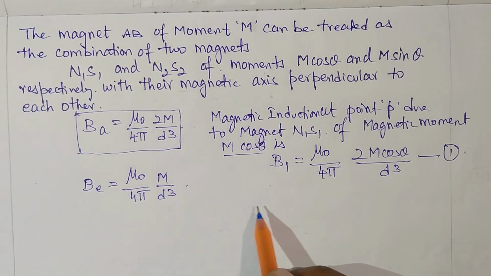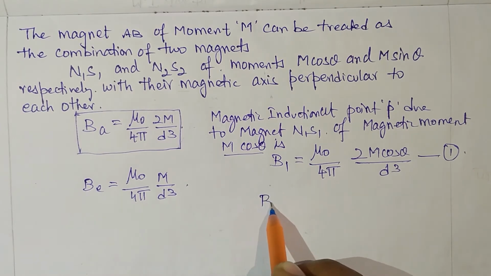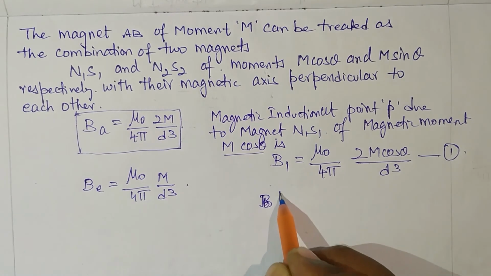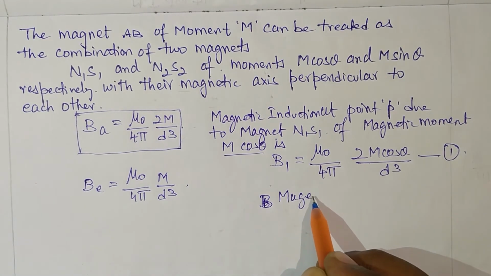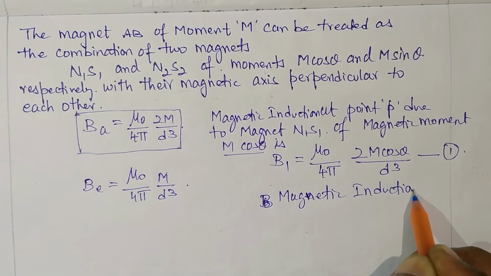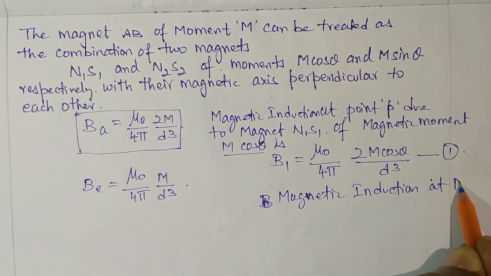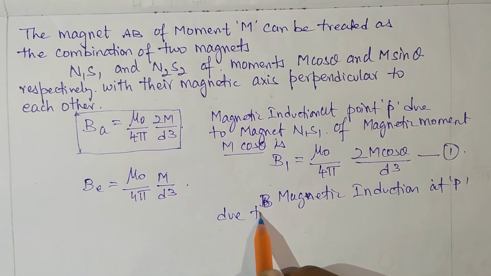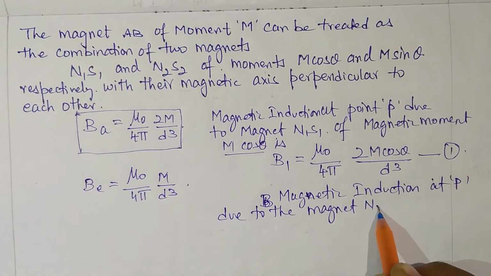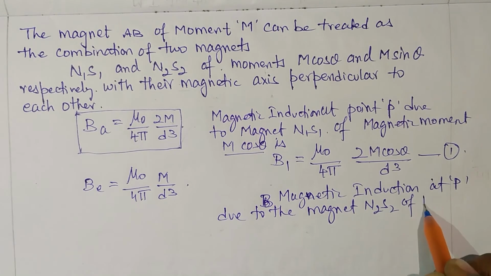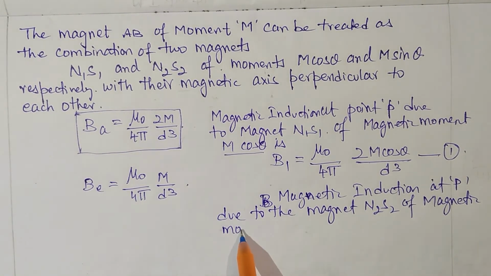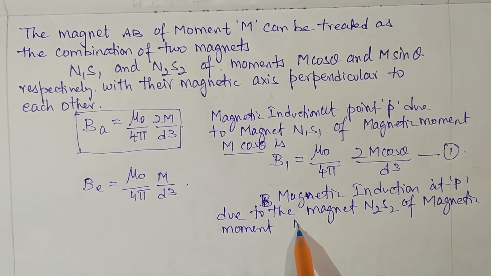Therefore, the magnetic induction at P due to the magnet N2S2, what is the magnetic moment of this N2S2? It is m sin theta.